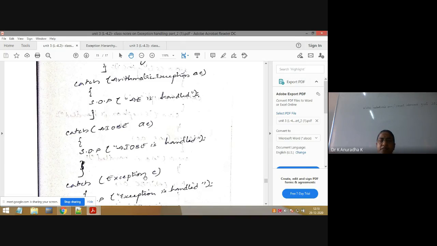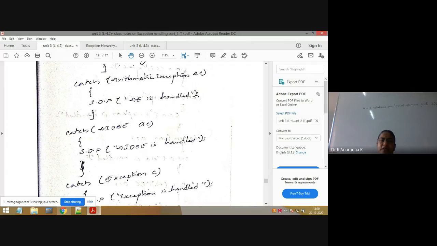Here, in place of this Exception, you can write RuntimeException also. Why? Because I already explained the hierarchy. First Exception, then under Exception RuntimeException, under RuntimeException NullPointerException. That's why RuntimeException is the superclass of NullPointerException also.